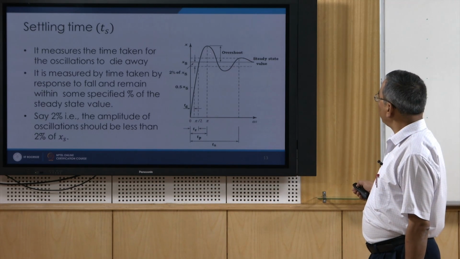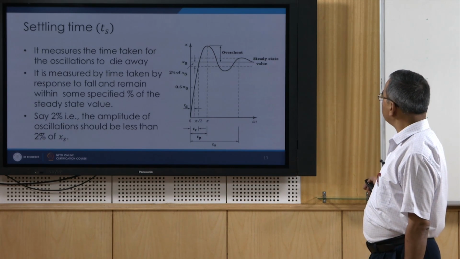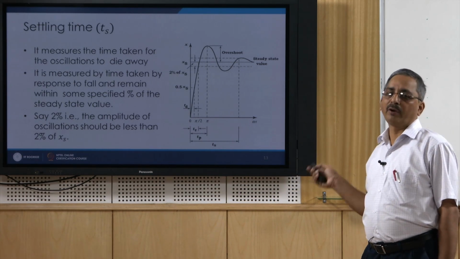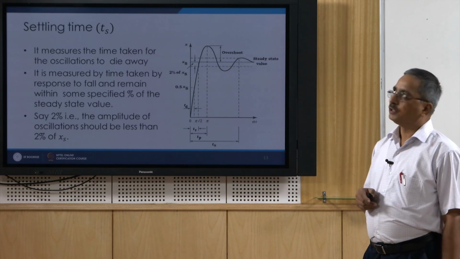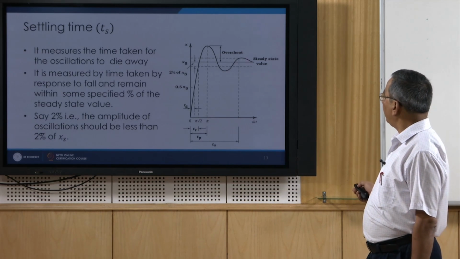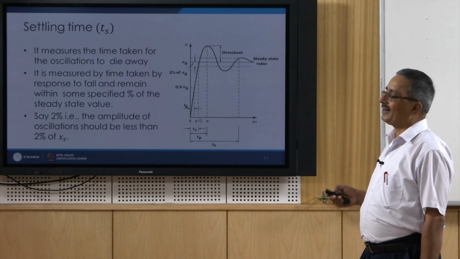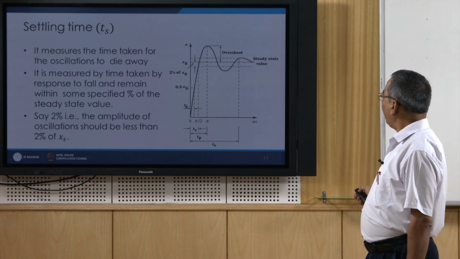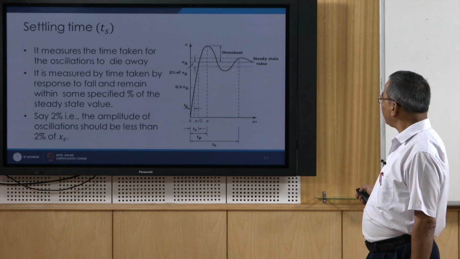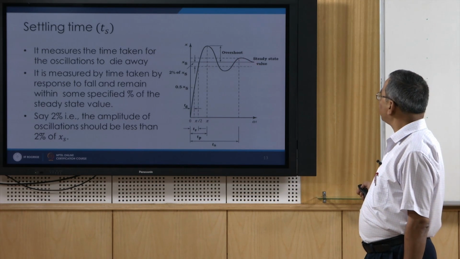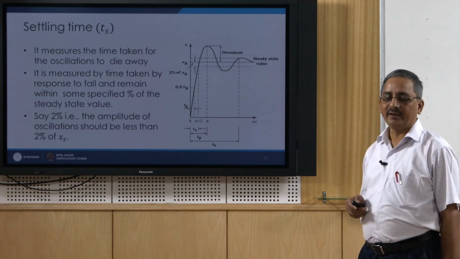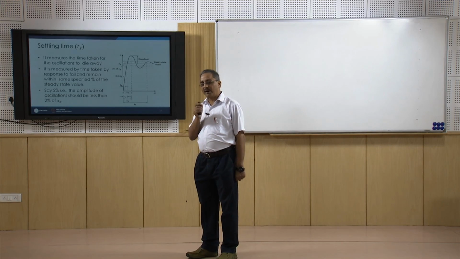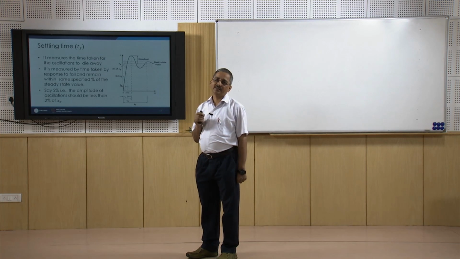These oscillations will keep on going for a very large amount of time. So, to get the settling time, what is usually done is that we allow a certain percentage of the steady state value as the variation, and we find out the amount of time after which that particular value has been reached.